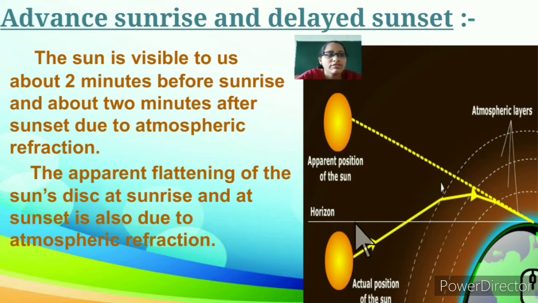So there is different bending of light that takes place at different layers of the atmosphere, and there is an apparent position of the sun that is created here against the horizon, and hence you are able to see the sun 2 minutes before its sunrise, and also we are able to see it 2 minutes after the sun has set.